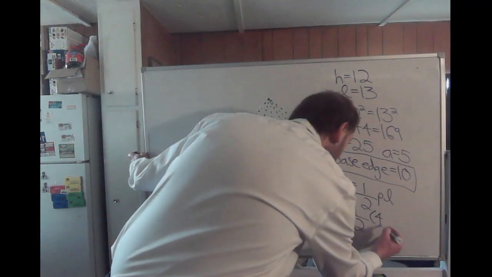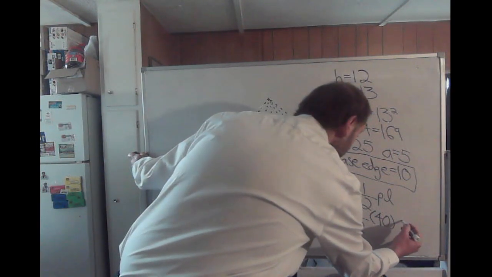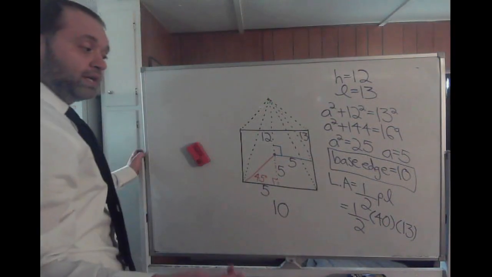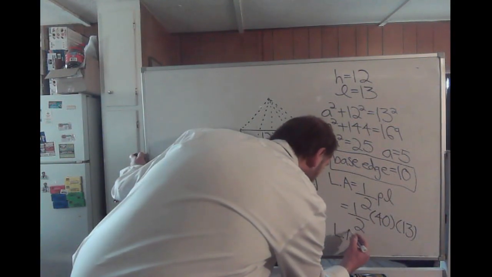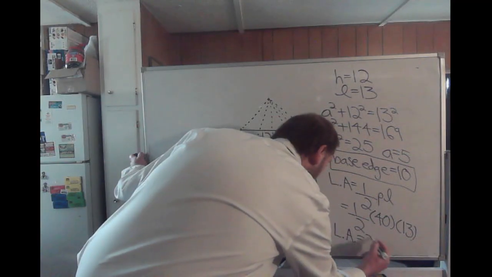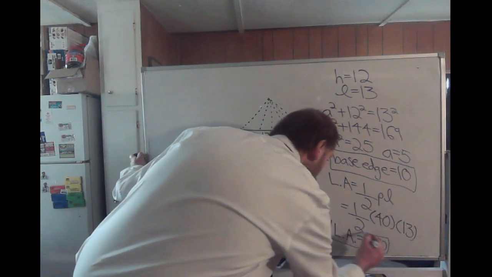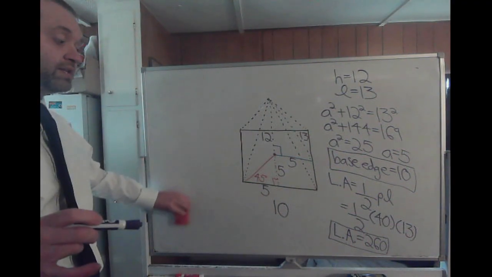So you would get half of 40 times your slant height, which is 13. Well, what's half of 40? That's 20 times 13, that's 260. So you would get a lateral area for this pyramid of 260 square units.